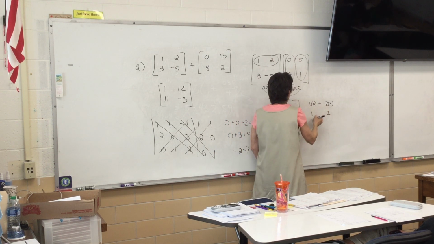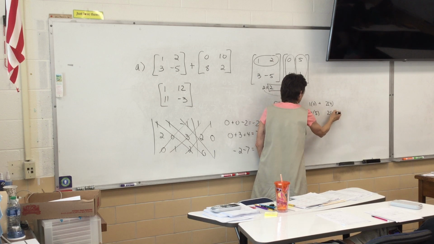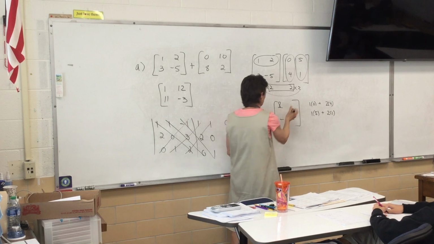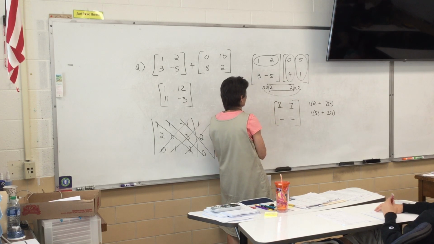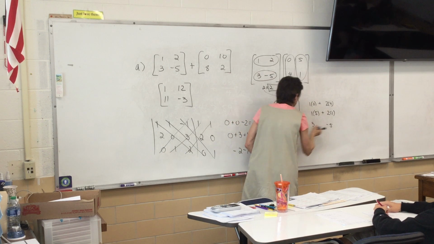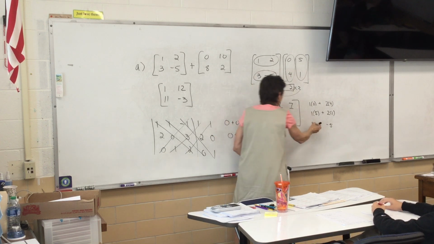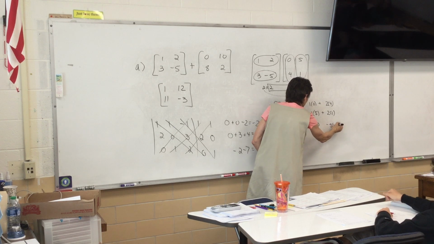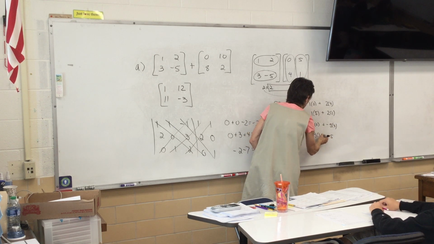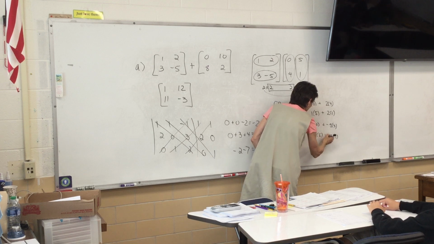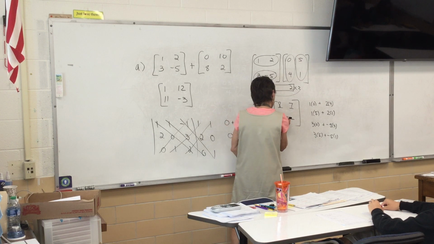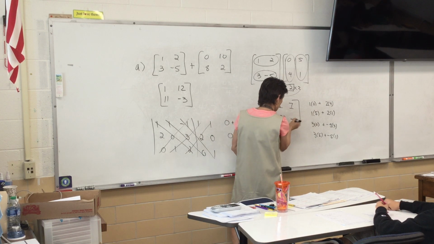So it looks like that's going to be a 7. And then I gotta go to my second row times my first column and my second row times my second column. So that bottom row of numbers looks like negative 20 and 10.